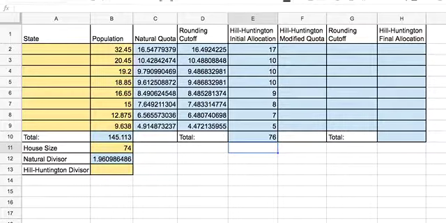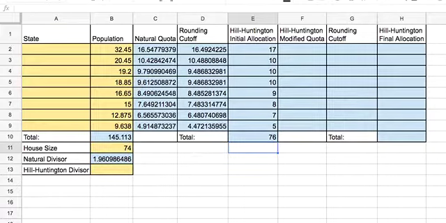And at this point, we get back into the idea of what we need to do with a divisor method. We have a divisor of 1.961.